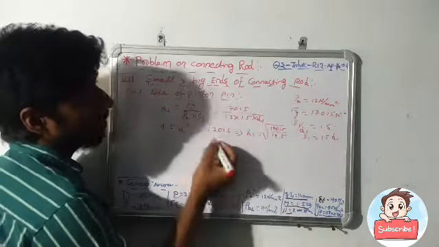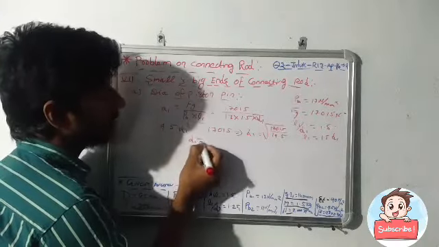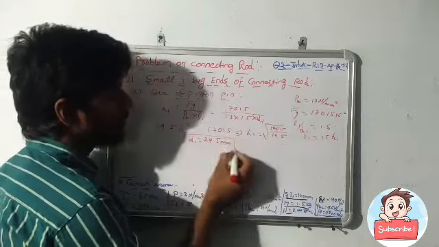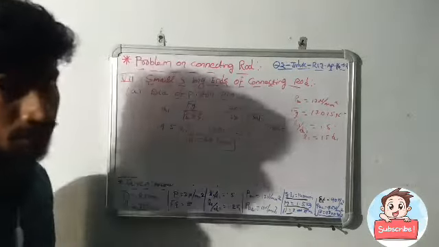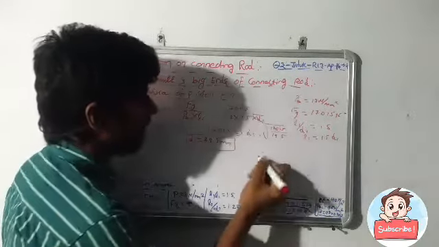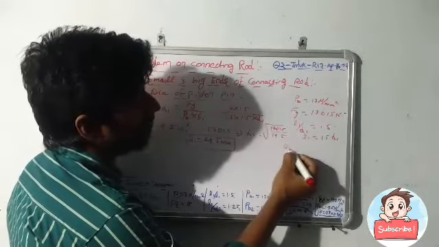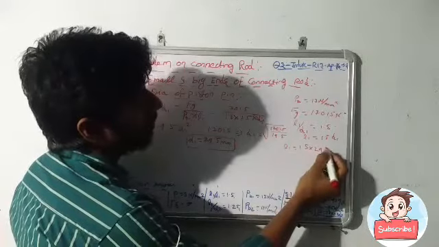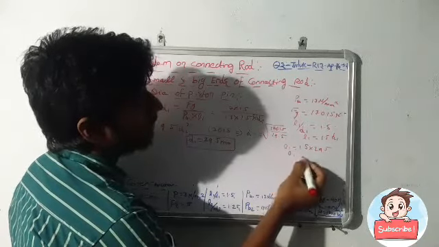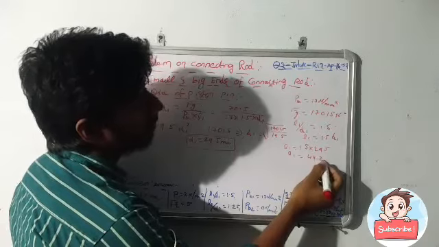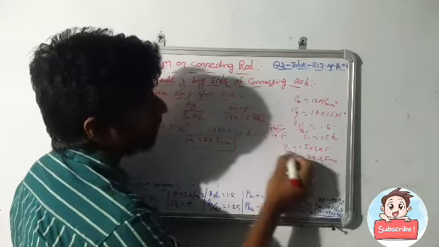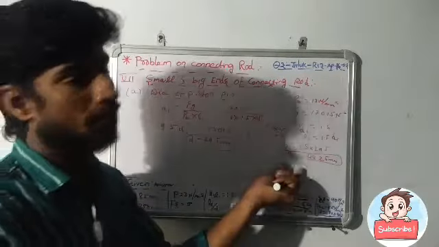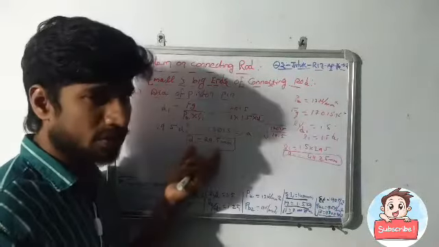So finally here the D1 equal to 19.45 mm. So this is about the diameter of piston pin. By using this diameter of piston pin, L1 equal to 1.5 into 29.5. Ultimately, what is the L1 here? 44.25 mm. So this is about the length of the piston pin, and this is about the diameter of piston pin.